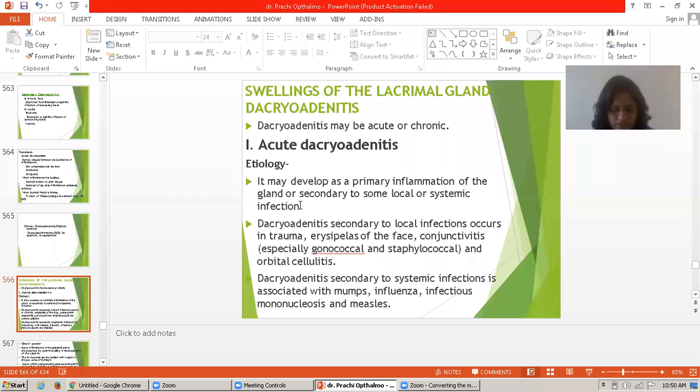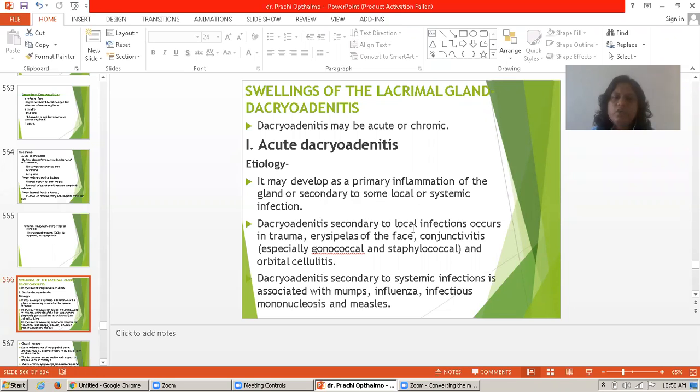The etiology: it may develop as a primary inflammation of the gland or secondary to some local or systemic inflammation, leading to acute dacryoadenitis.